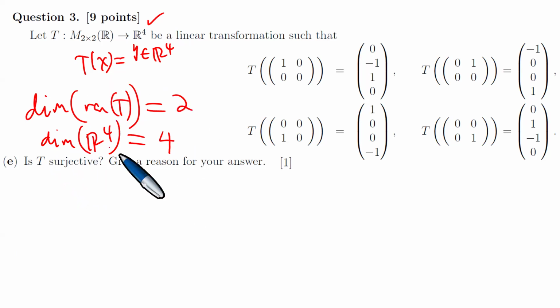Okay, if T is surjective, then the dimension of the range must be the same as the dimension of the codomain.